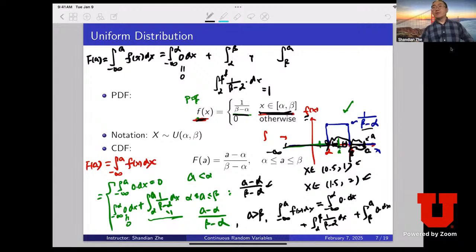Still 0, right? So in the third integration, you're still integrating 0 in this range, which is also 0. Does it make sense? Now, if we add them together, 0 plus 1 plus 0, it is 1.